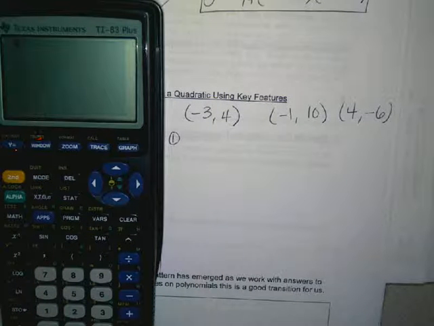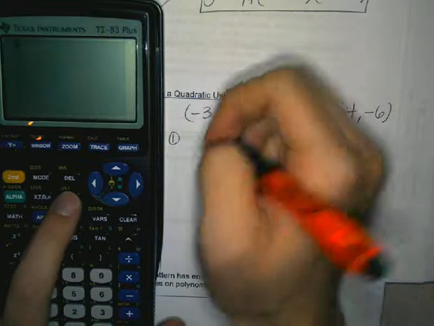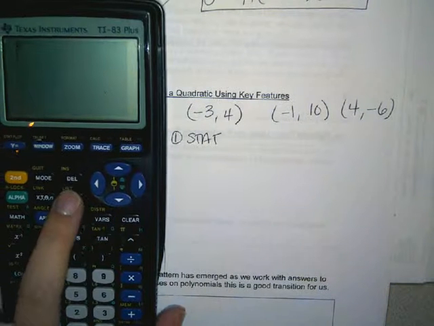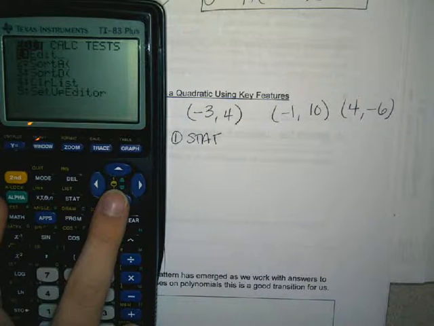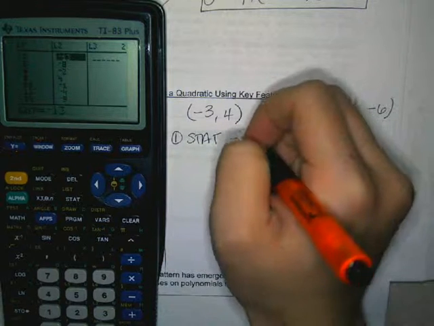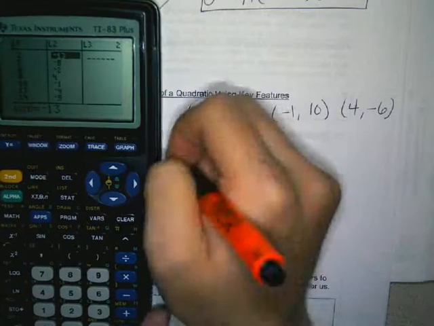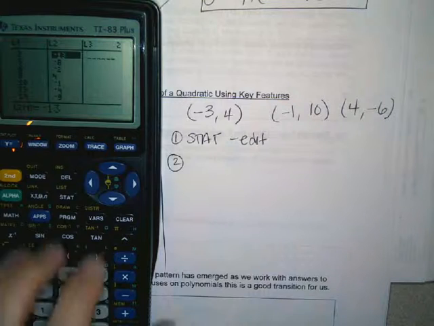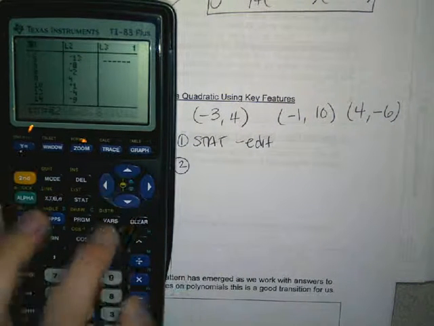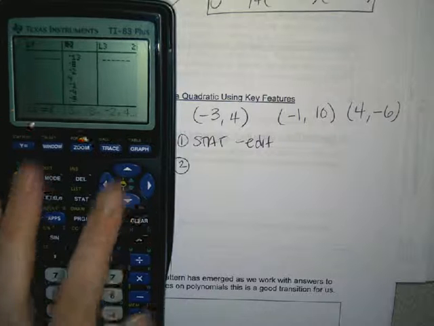So for this type of problem, you would start by hitting the Stat button. So I'm going to write out the steps here for you too. Stat button, and you're going to do the Edit feature. Stat Edit. If there's stuff in your list, you clear it out. So clear, clear.